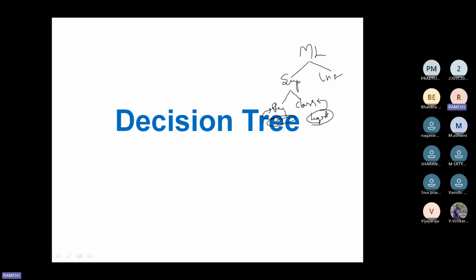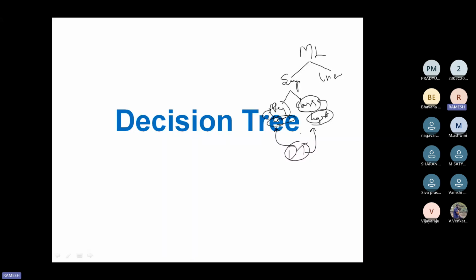Now our topic is decision tree. This algorithm can do both: it can do regression and it can handle classification problems also. So decision trees belong to the supervised learning models.